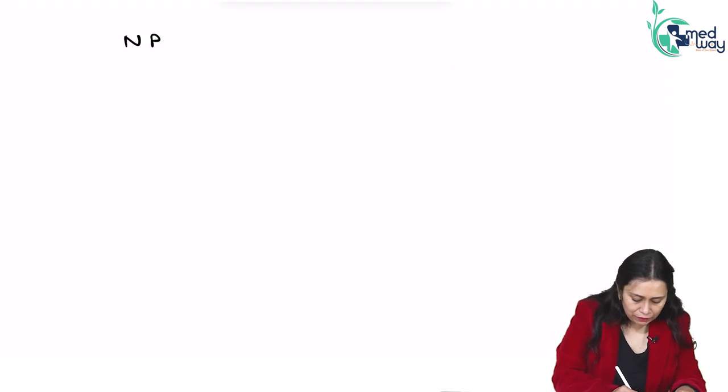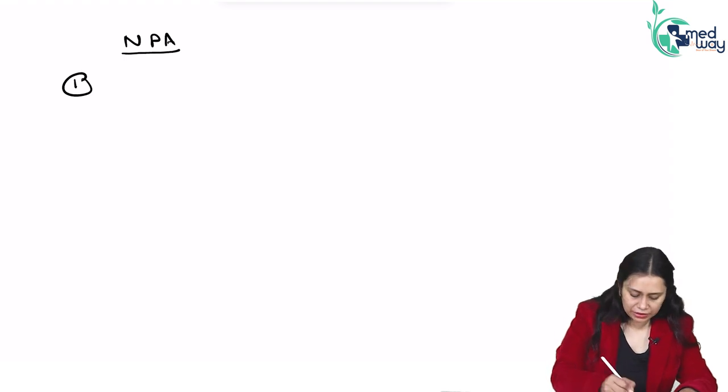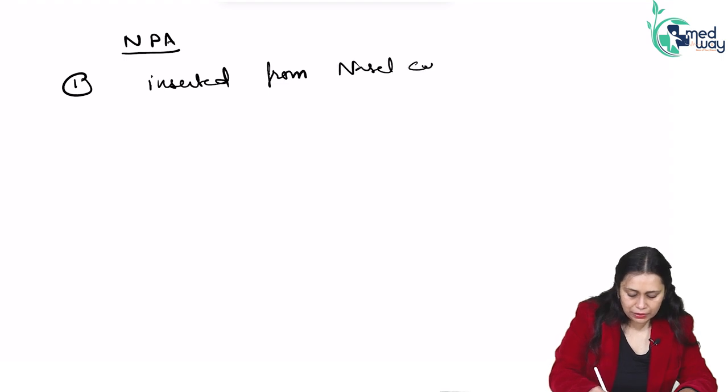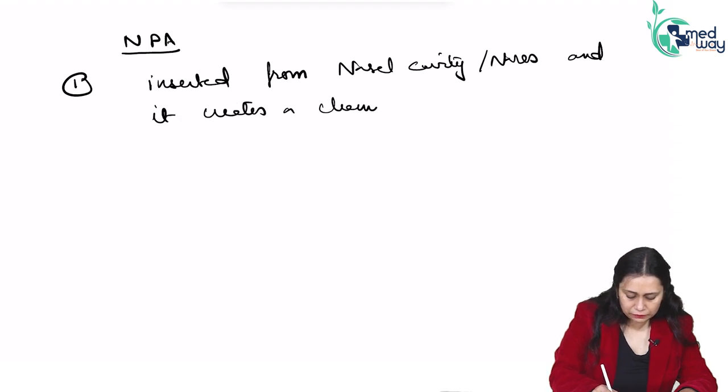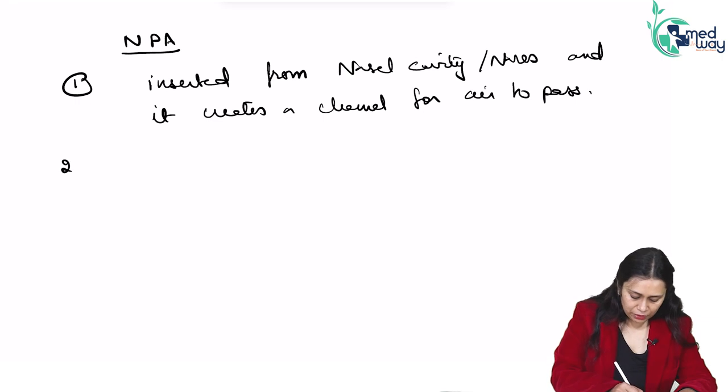So what are the points of the nasopharyngeal airway which we discussed? It is inserted from the nasal cavity, or nares rather, and it creates a channel for air to pass. It does not lift the tongue like the oropharyngeal airway.